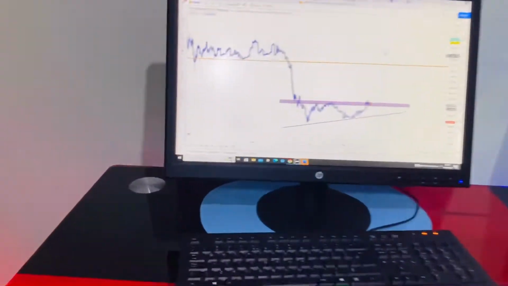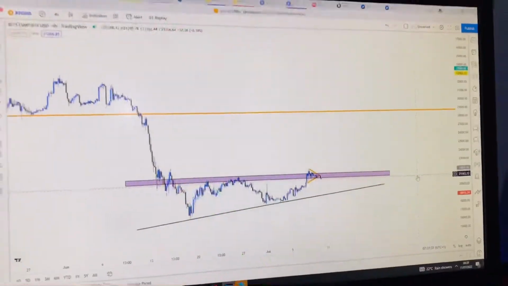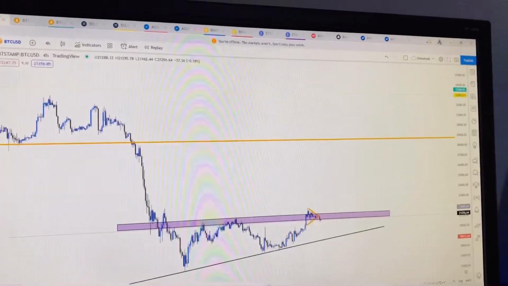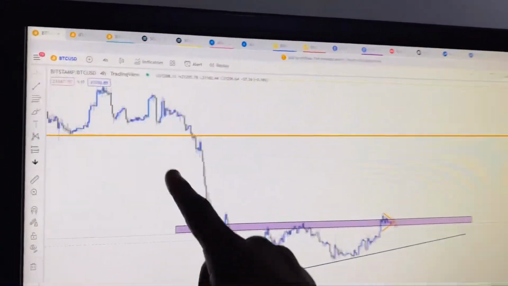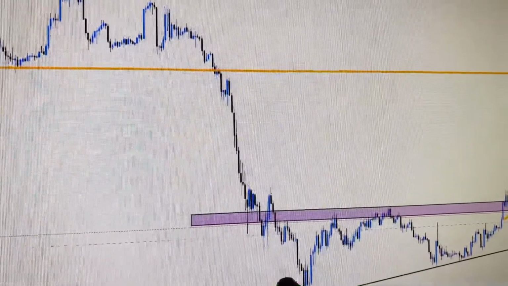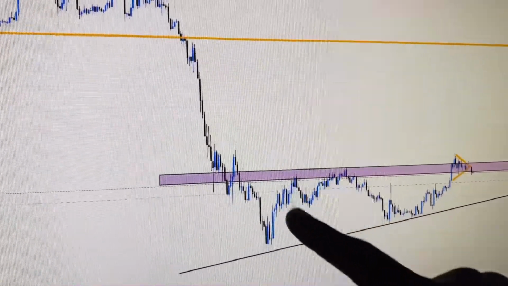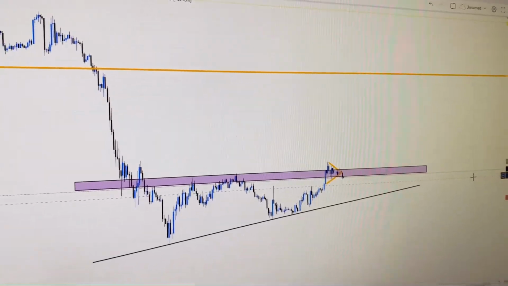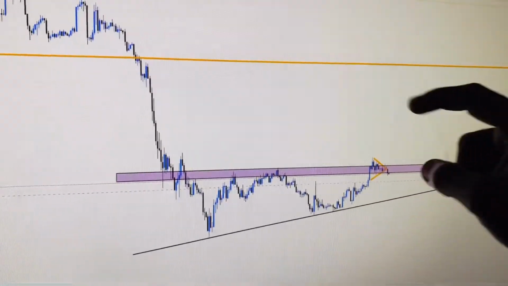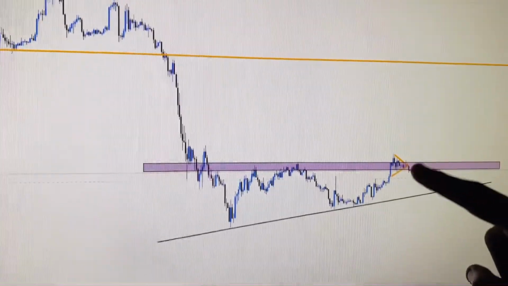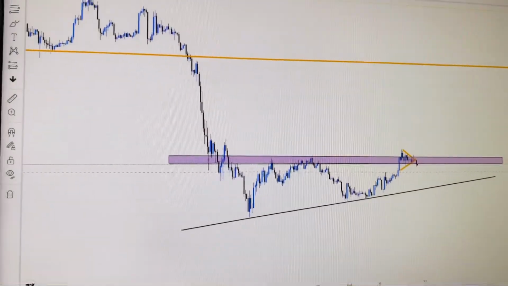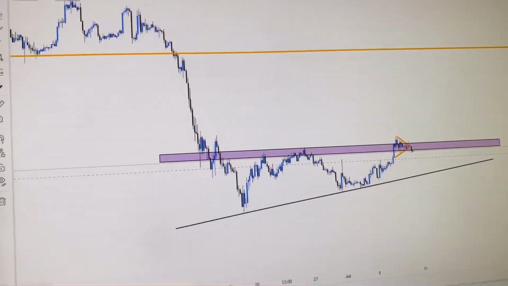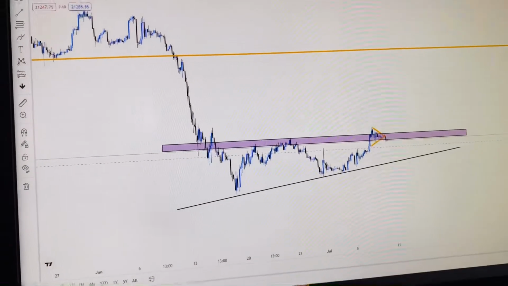Like for example, let's watch it on my screen. Now, we see that this is BTC/USD. We see that price had an impulse all the way down here and later on started to correct itself, up and down, up and down. So now, what happened next is that we are expecting the next move to the upside, but we are not certain because price has not given us any indication that price will go up.